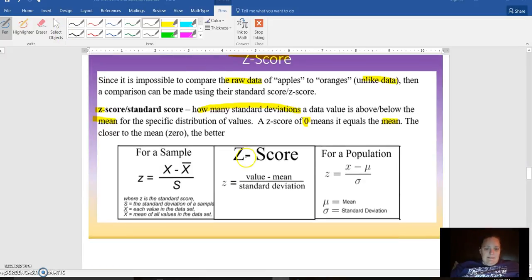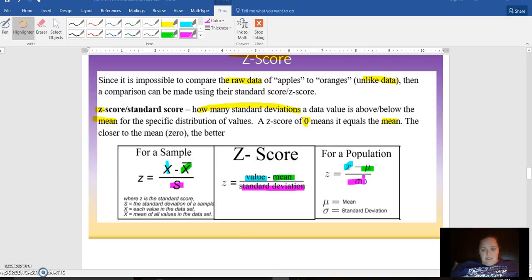Alright, so here we are. They have two different formulas in the book, but I want you to notice some patterns. We have the term. That's what x is. X is the term. Then we have the mean. So it's the term minus the mean, and then it's divided by the standard deviation.